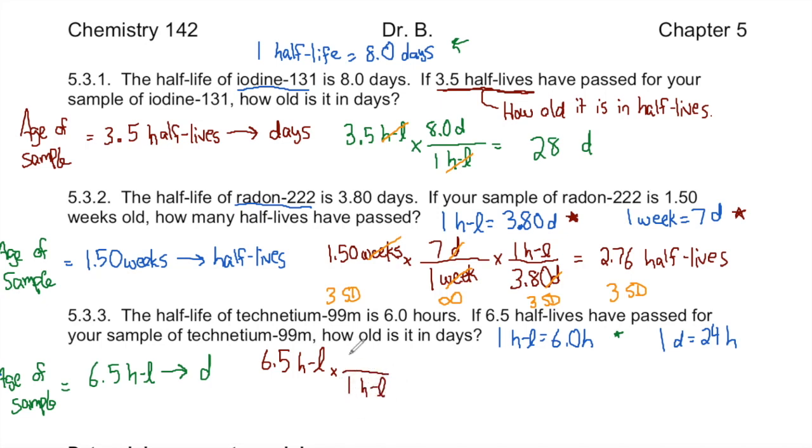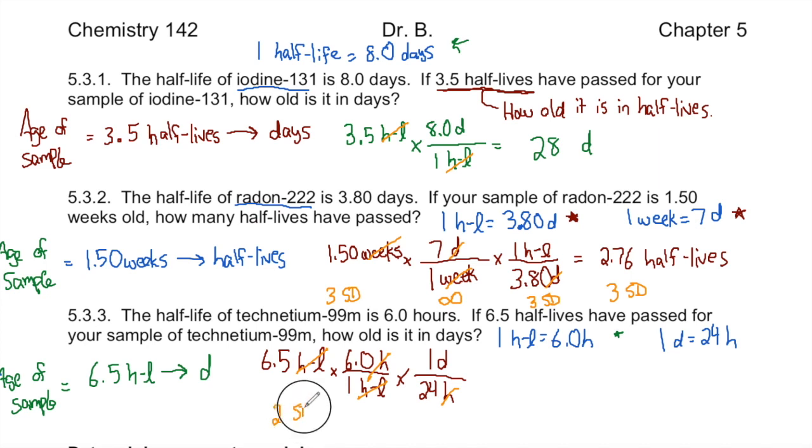So we'll put the half-life on the bottom. We'll put 6.0 hours on the top. And now we want to know days, so we'll put 24 hours on the bottom, 1 day on top. This will cancel the half-lives. It will cancel the hours, and we'll be left with days.